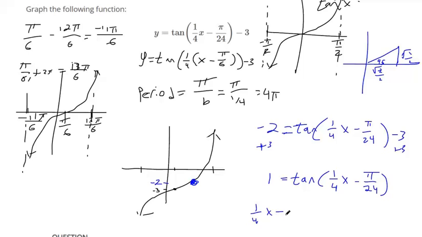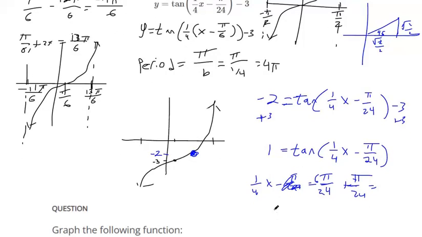So you're solving this mini equation. You solve that equation for x, and then you'll have your ratio that you need. So you want to add pi over 24 to both sides. So what is that? That's 6 pi over 24 plus 1 pi over 24, so that's 7 pi over 24.